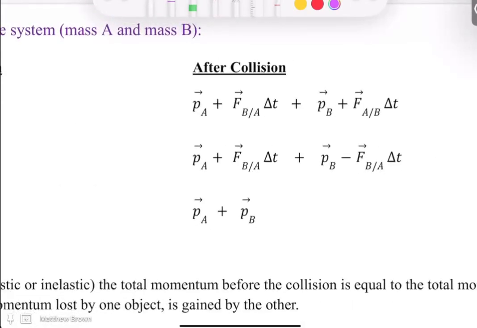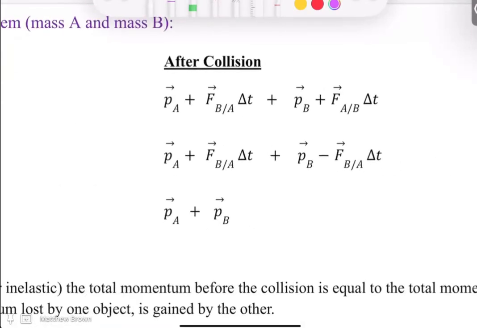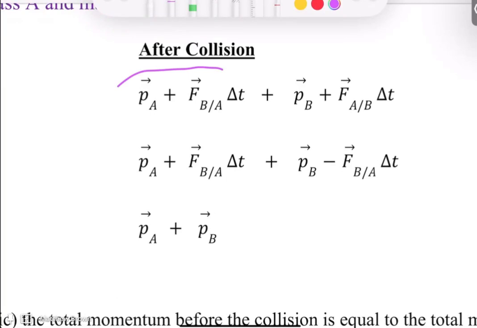After the collision, though, because there is a collision, and we just saw how the change in momentum is the impulse, if we just look at mass A, that's this part here. The momentum of mass A is whatever it was before the collision, that's the first part here, plus the impulse it experiences. That is the force of B on A times whatever delta T is.